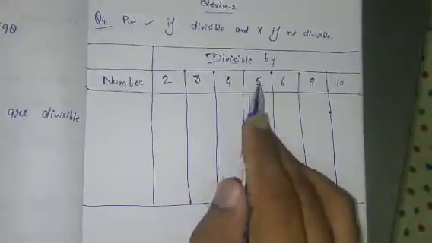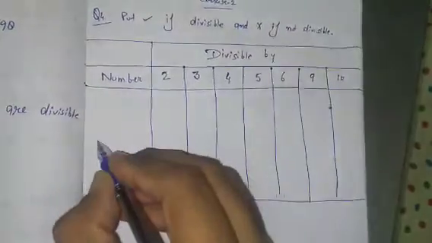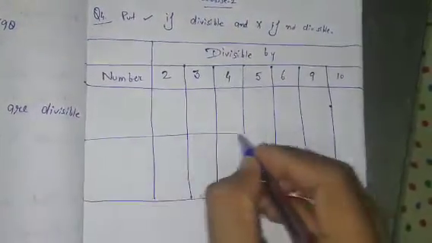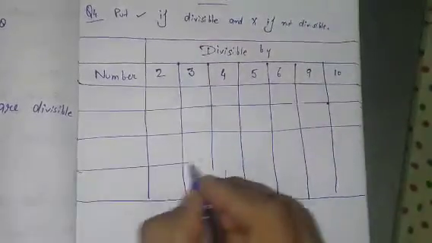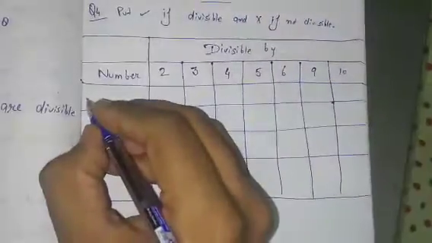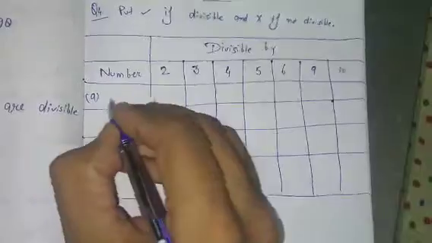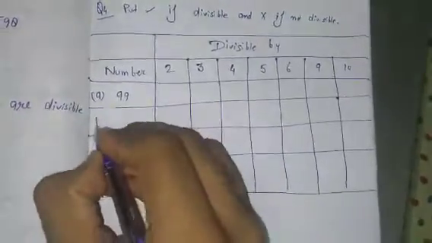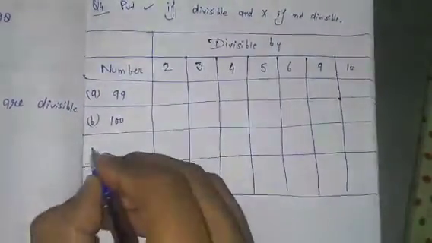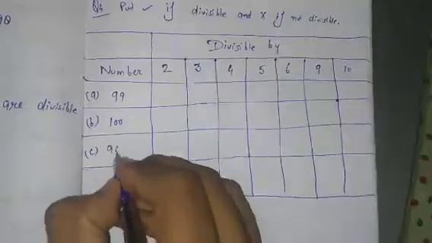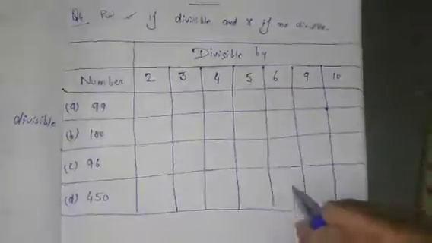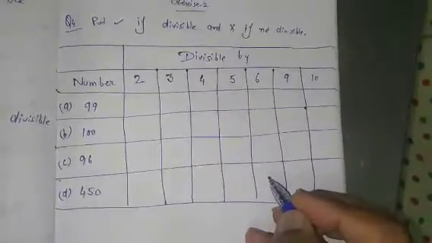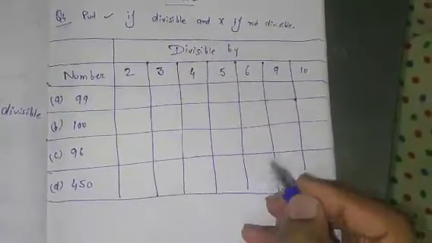That is related to the divisible by, and the number has been given. You can draw the line with the help of the ruler also. A number has been given 99, B 100, C 96, D 450. Okay students, so let's continue.